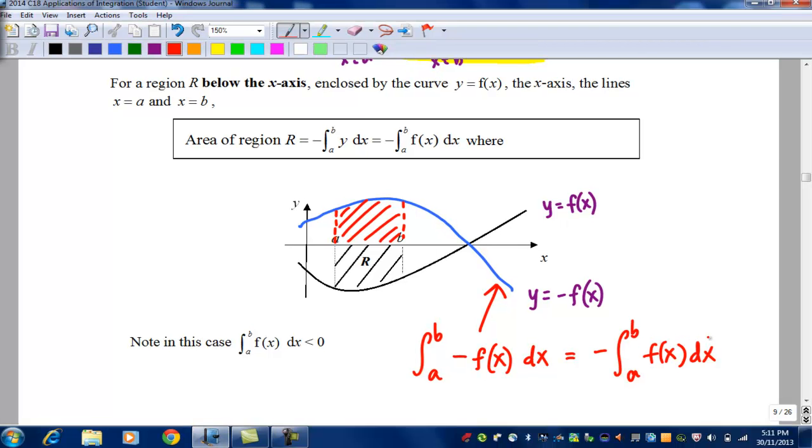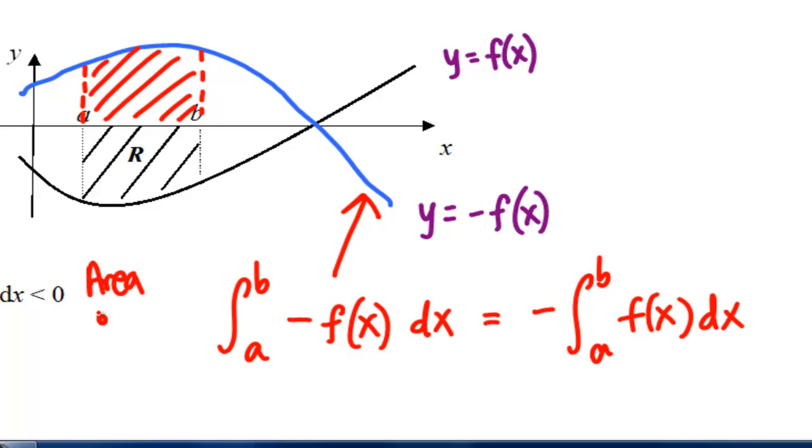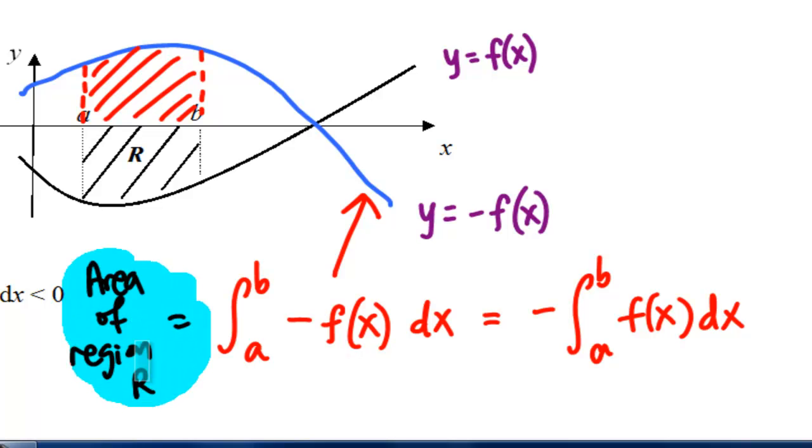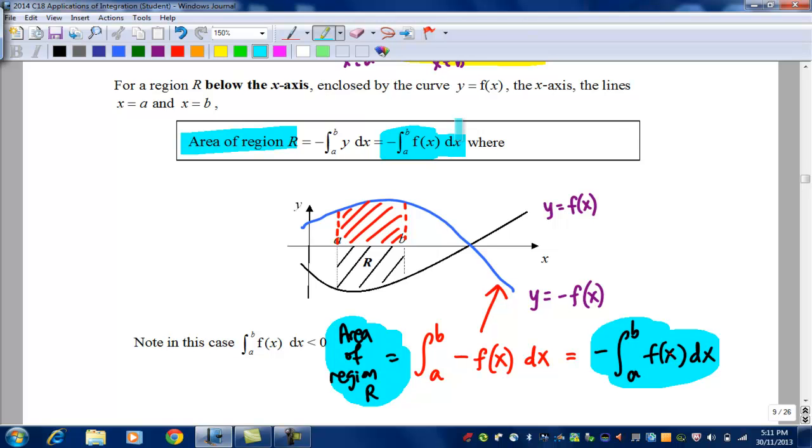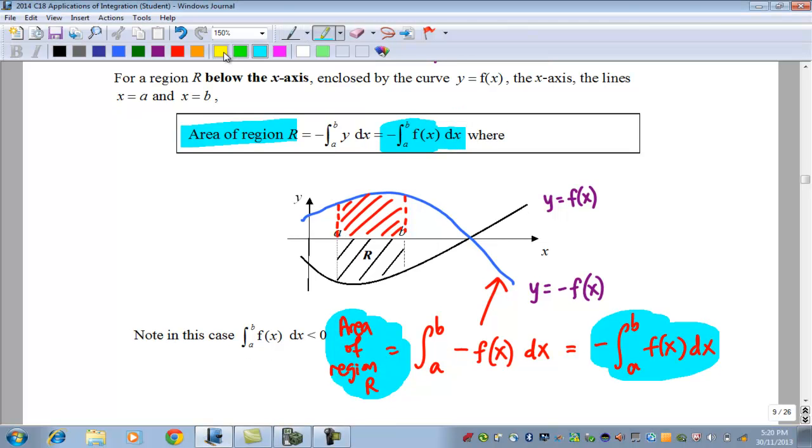So that's the reason why the area of region R is equivalent to the negative of the integral from a to b f of x dx, which explains this part. Please note that if you are integrating f of x directly, and the portion of f of x is below the x-axis, then you're going to have a negative value.